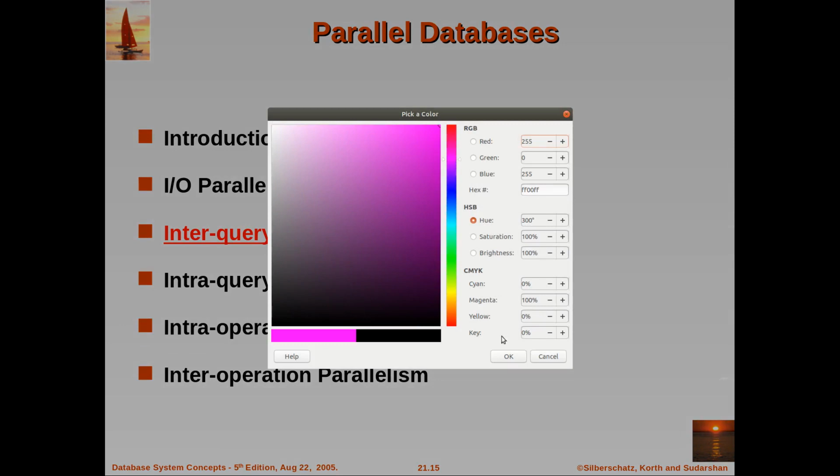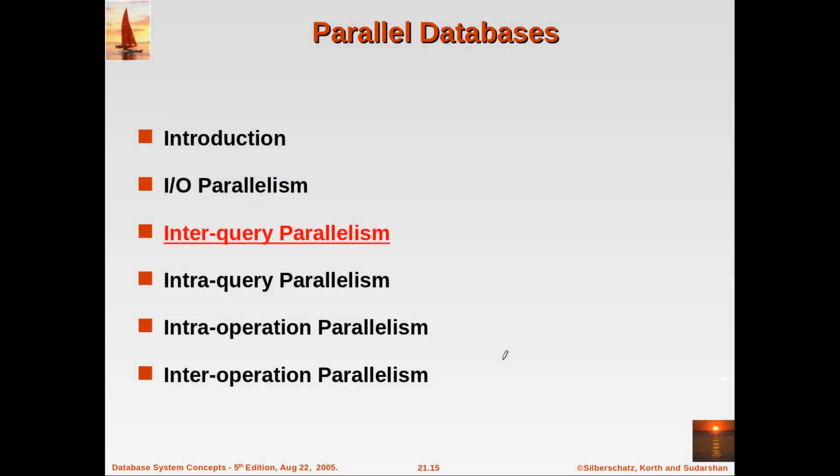In the previous session we were discussing the basics of I/O parallelism, and we have seen some of the mechanisms used for partitioning the data stored across various processors or disks in parallel, using partitioning techniques like hash partitioning, range partitioning, and round robin partitioning, and also virtual processor partitioning.